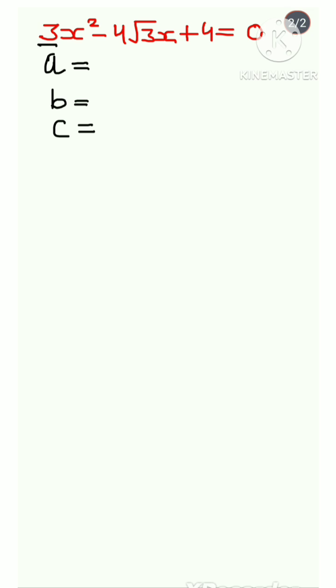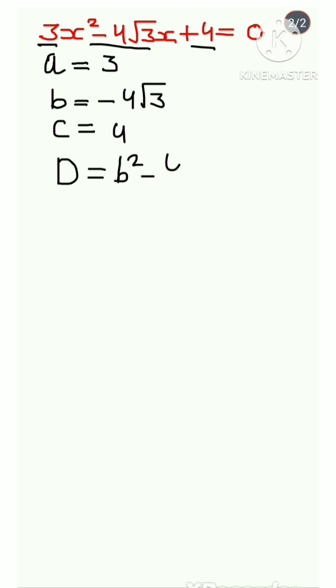Now question number 2, which I have already copied here. In this equation a equal to plus 3, b equal to minus 4 root over 3, and c equal to plus 4. Now we have the formula for finding the discriminant, D equal to b square minus 4ac.